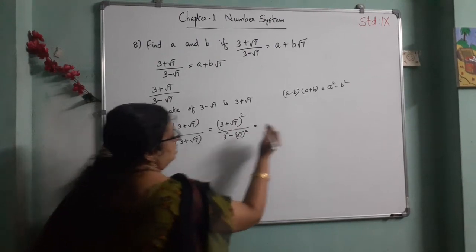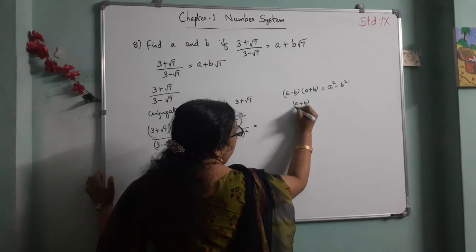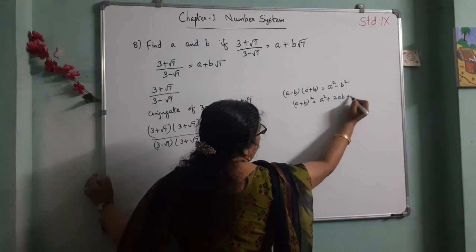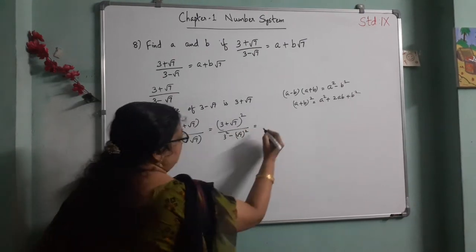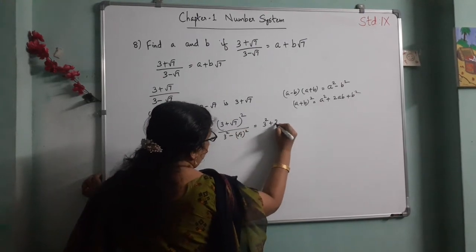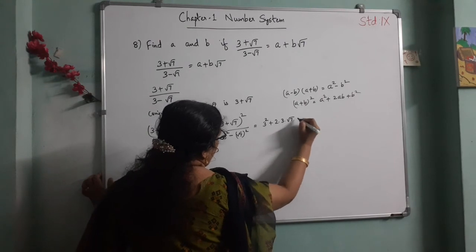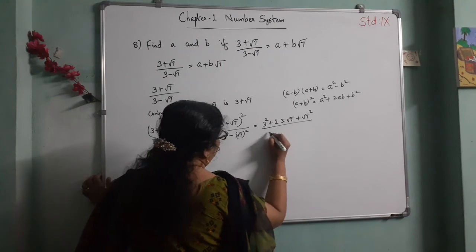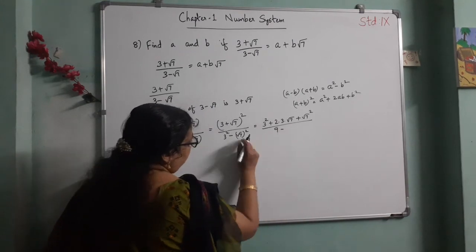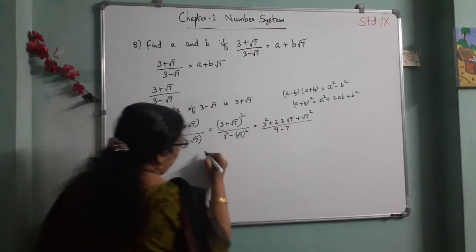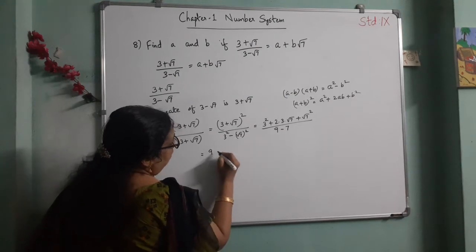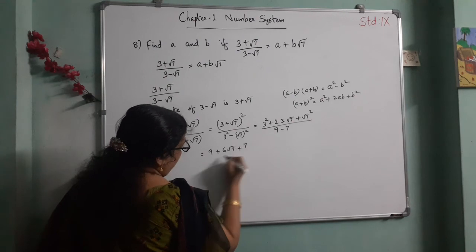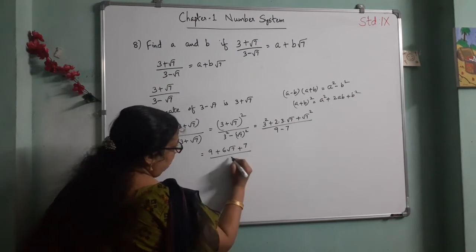The numerator is of the form (a plus b) the whole square, that equals a square plus 2ab plus b square. So here 3 square plus 2 into 3 into root 7 plus root 7 the whole square, divided by 3 square is 9, root 7 square is 7. So 3 square here is 9, plus 2 into 3, 6 root 7, plus 7, divided by 9 minus 7, 2.